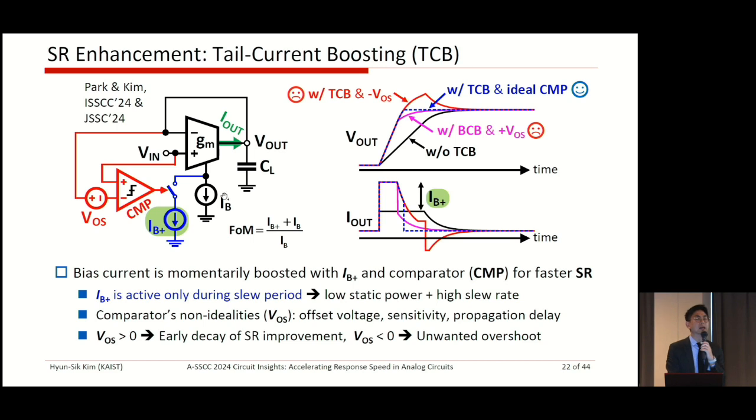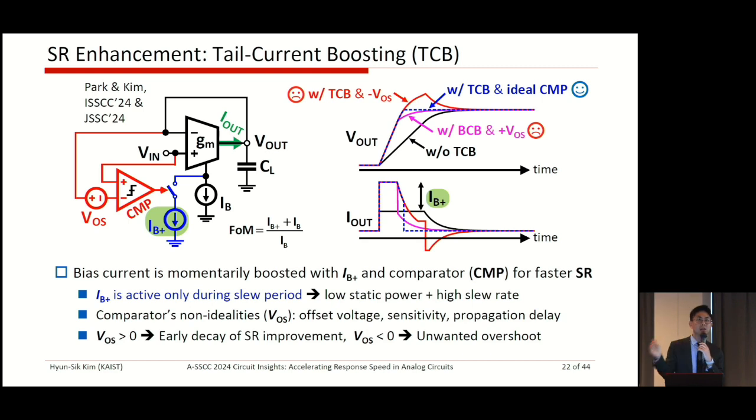Only the initial driving period is detected by this comparator, which then closes the switch, so during the initial response, IB plus the boosted current is added to the total tail current, and we can maximize the current.